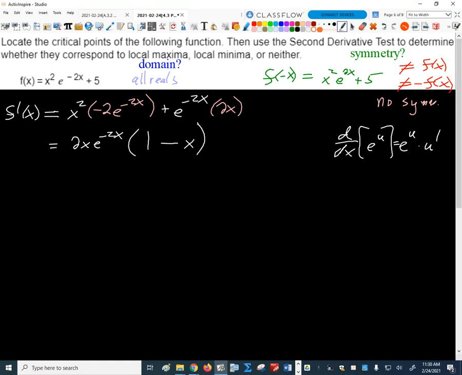Because there's no place that causes any problems. Look at all these factors: I'm multiplying 2x times this factor times this factor. None of them have any problems, so why would their product? 2x is defined everywhere, e to the negative 2x is defined everywhere, like we previously discussed, and 1 minus x is defined everywhere. So we can say with confidence that f prime is nowhere undefined.